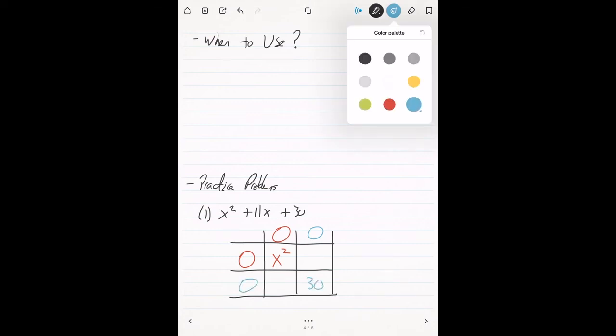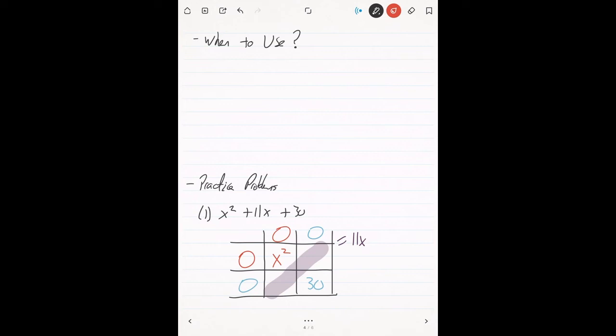But whatever I chose to multiply to give me 30, those values must have added together to get me 11x. Because on the diagonal is where like terms occur in box method. So let's go through and let's see if we can choose what components multiplied to give us these values.